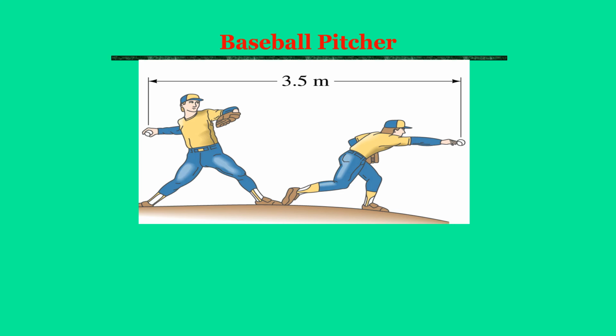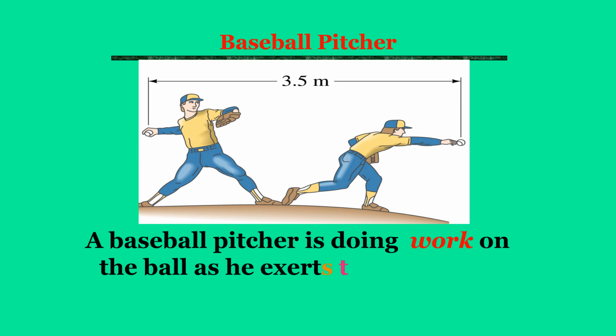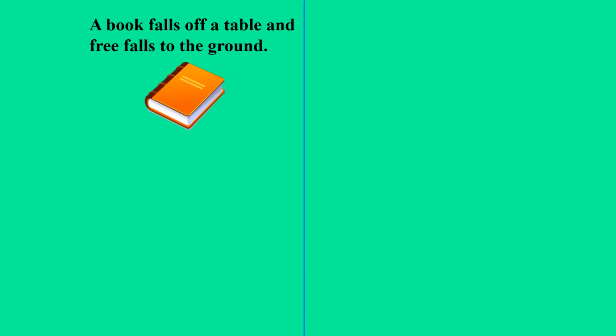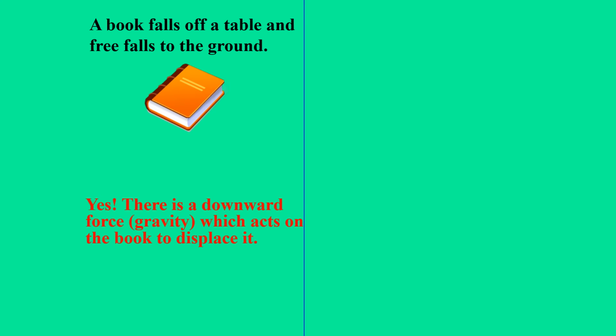Look at the baseball pitcher. Is there work or not? A baseball pitcher is doing work on the ball as he exerts the force over a displacement. A book falls off a table and free-falls to the ground. Is there work or no work? Yes, there is work.